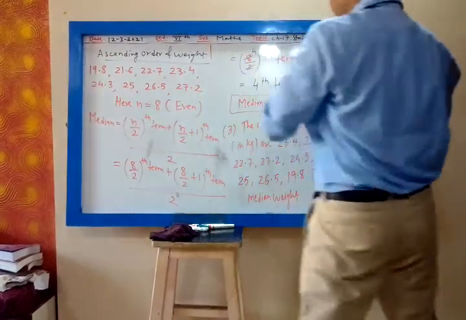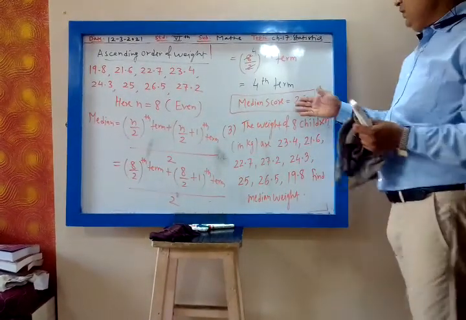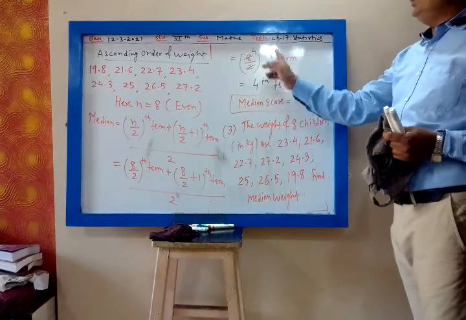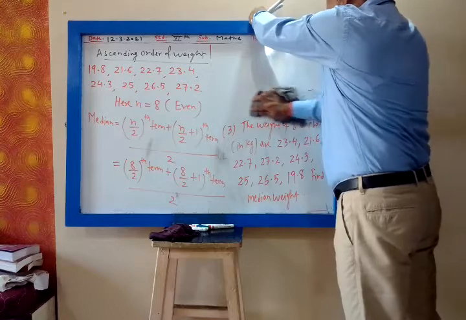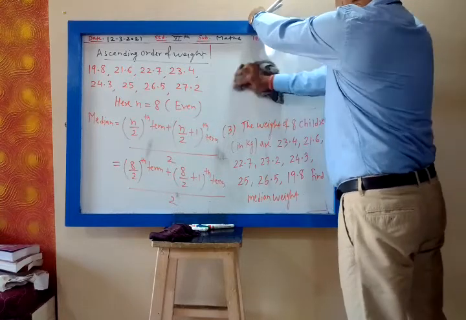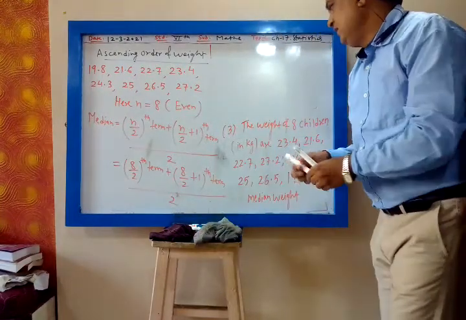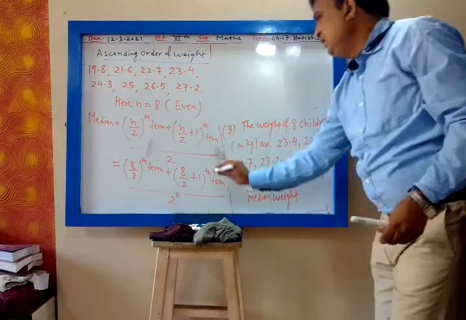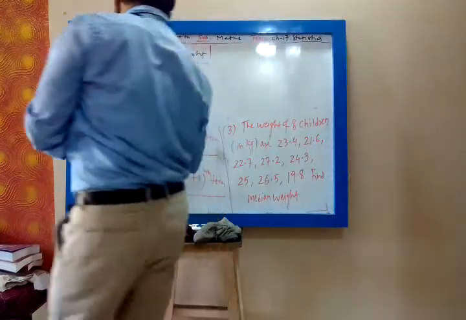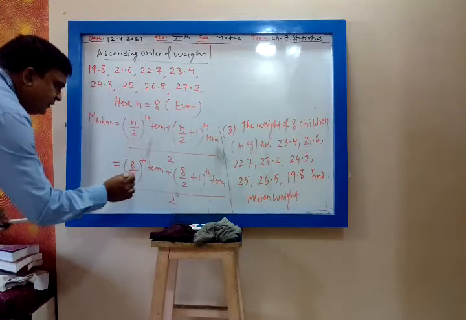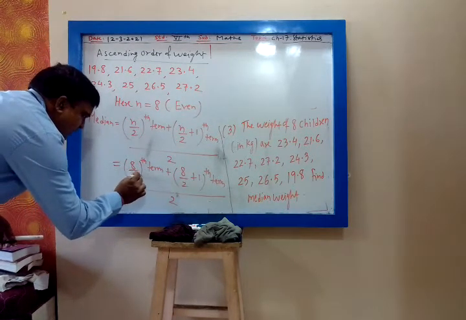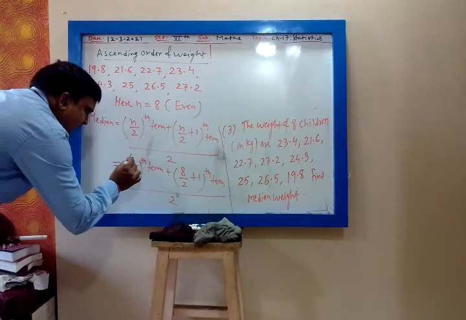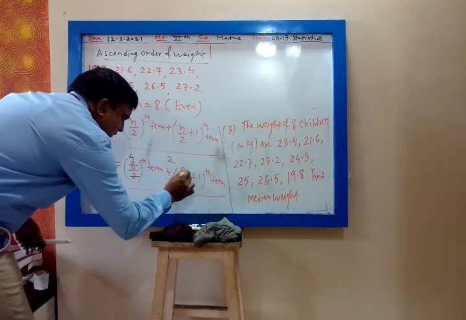Because you see, the fourth term is 26. 2 4s are 8.